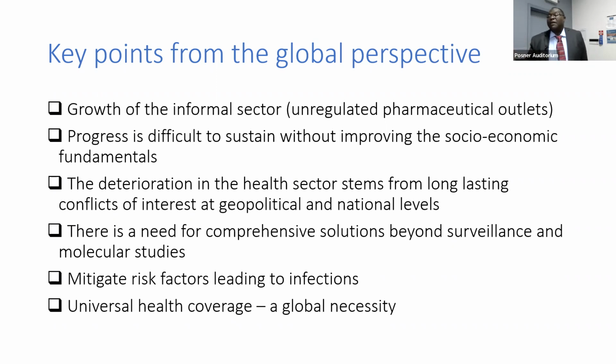And as we know in public health, economics plays a role, because people in poverty have a tendency to have more infectious diseases, and those with a high income have non-communicable diseases. And that's how the burden is distributed. So universal coverage is important, and that's key.